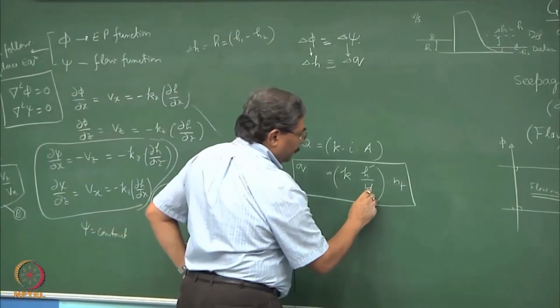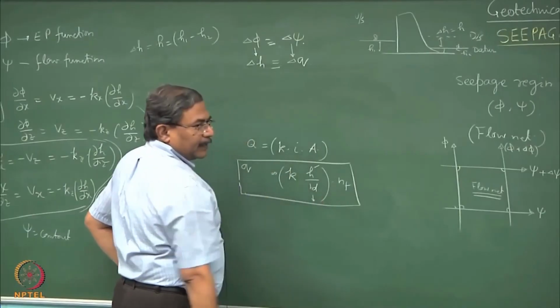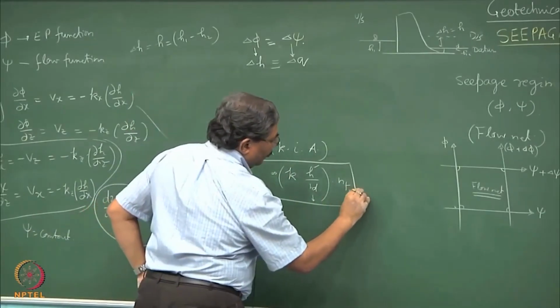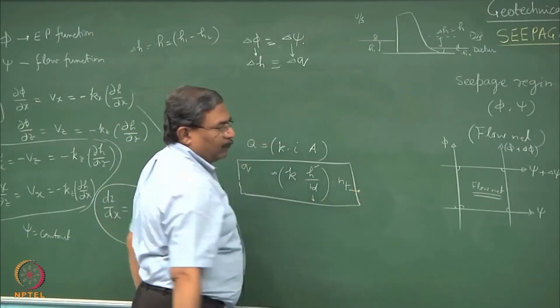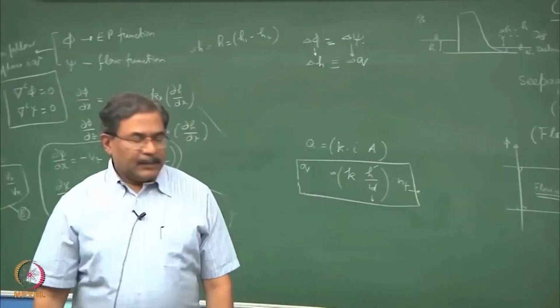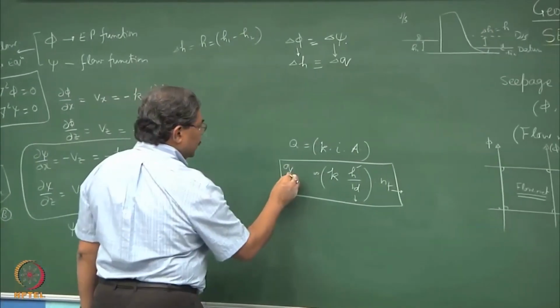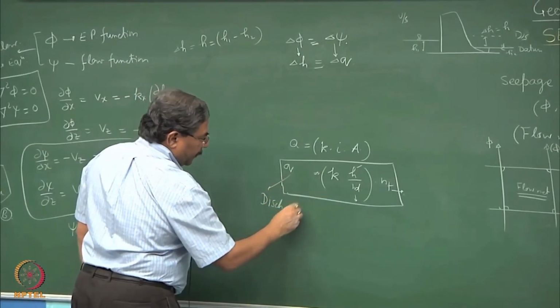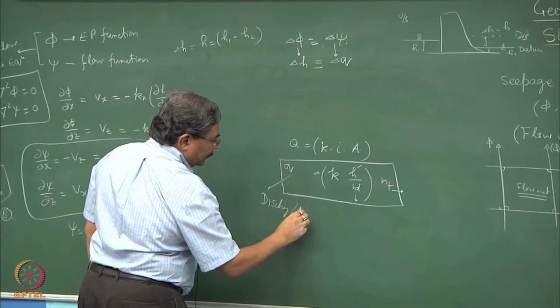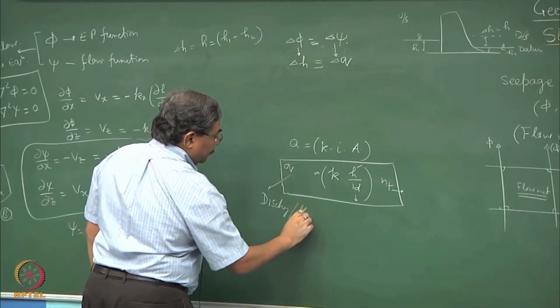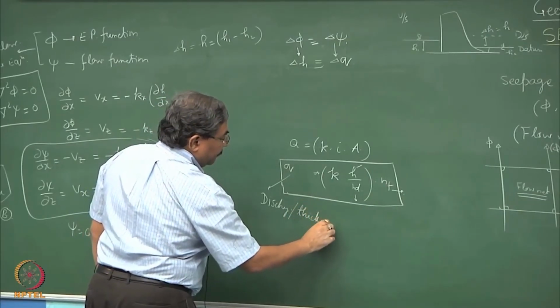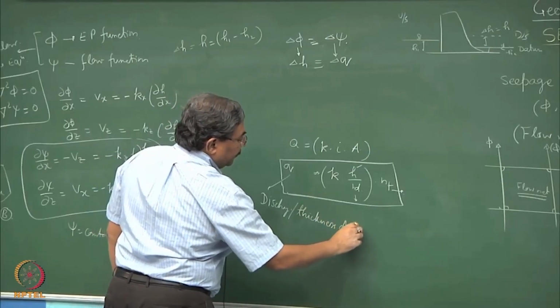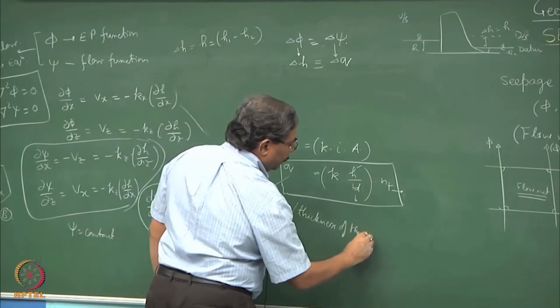I should know the number of drops of the potential which are occurring and the number of flow channels. This is what is going to give me the discharge per unit length, per unit thickness of the element of the porous media.